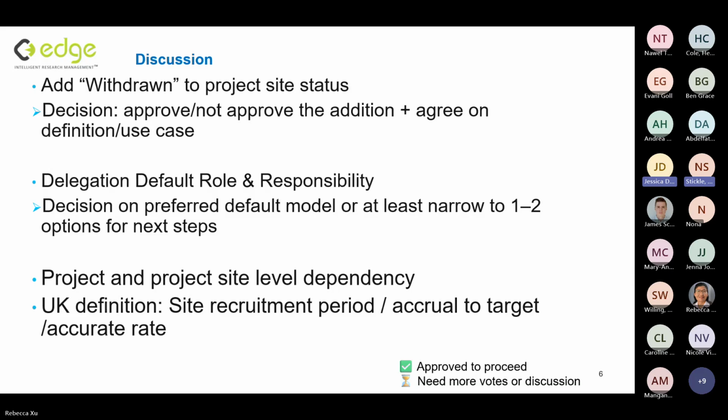So I think the first question is how many people are using the delegation log, and if so, do you use the default list of roles and responsibilities? Maybe a show of hands. If nobody's using it, this is a different conversation.